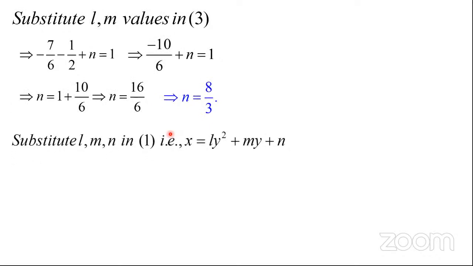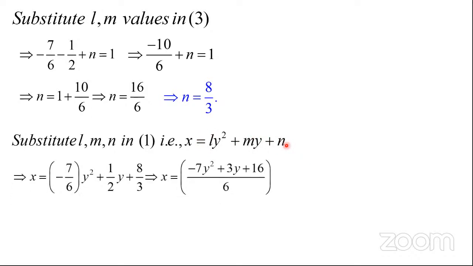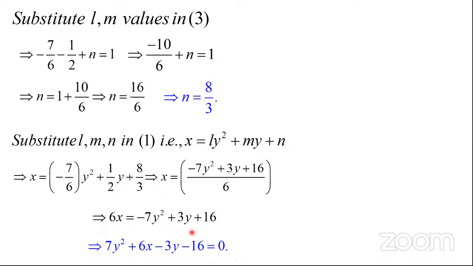Like this, we will get the L value, M value, and N value. When we substitute L, M, N in the supposed equation of the parabola, we shall get the required equation of the parabola. In this case, the required equation of the parabola is 7y square plus 6x minus 3y minus 16 equal to 0. Hope the concept is clear for you all, children.